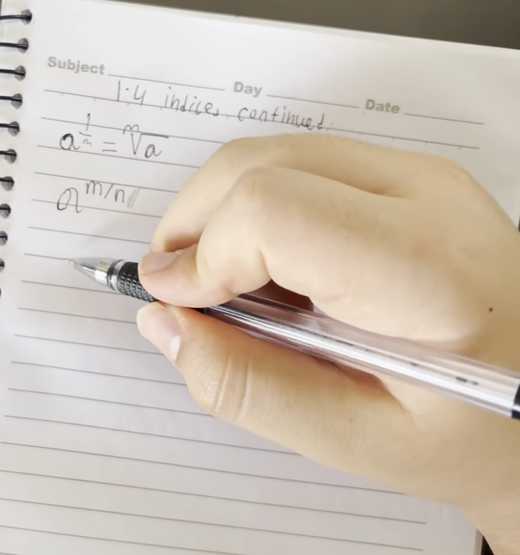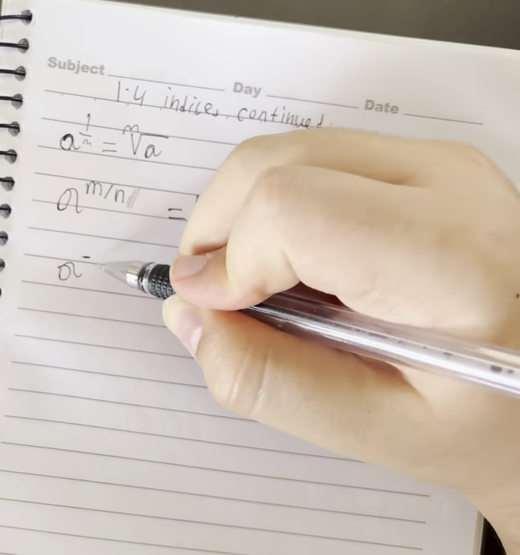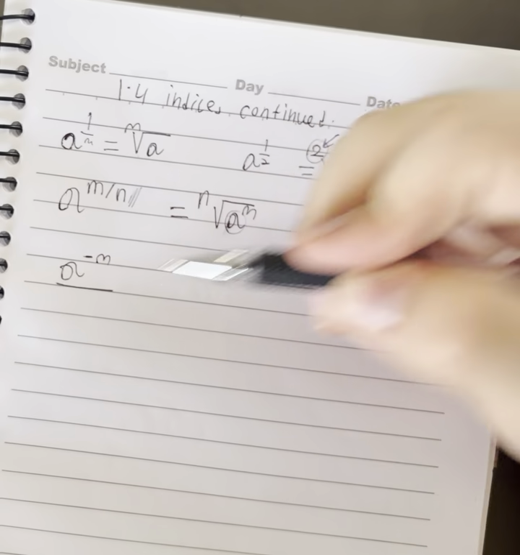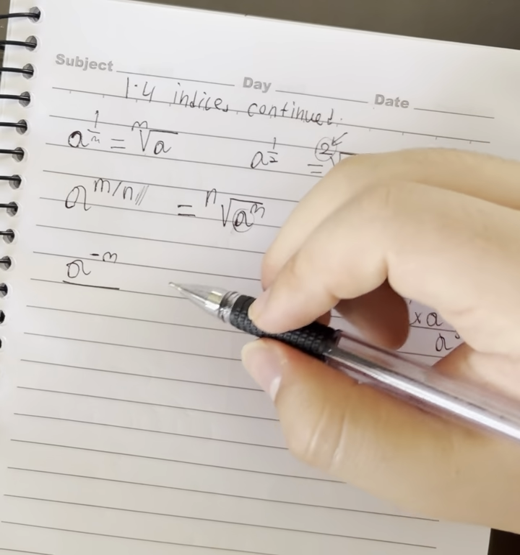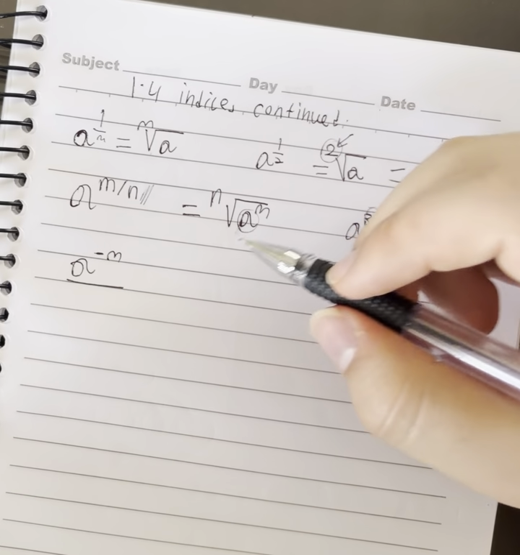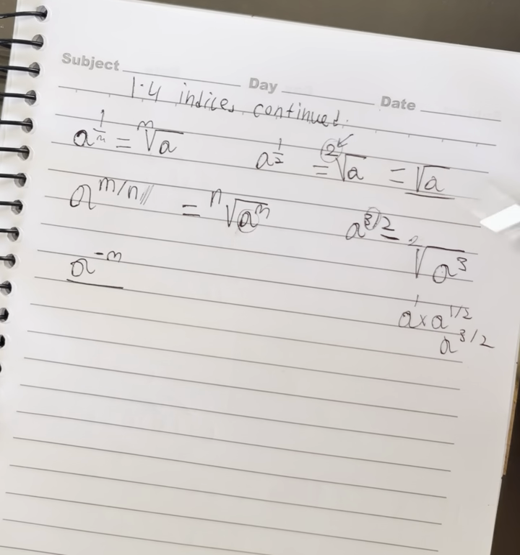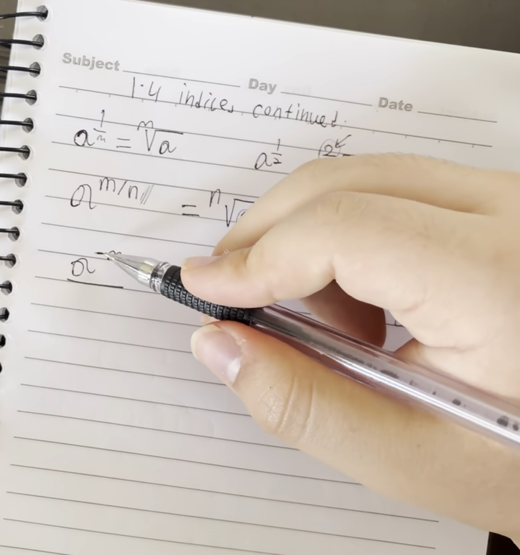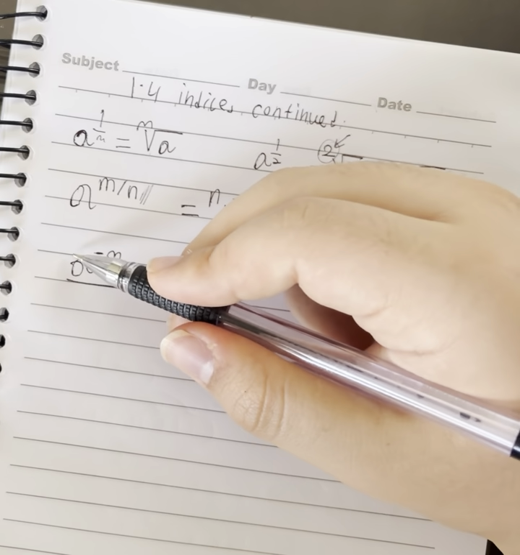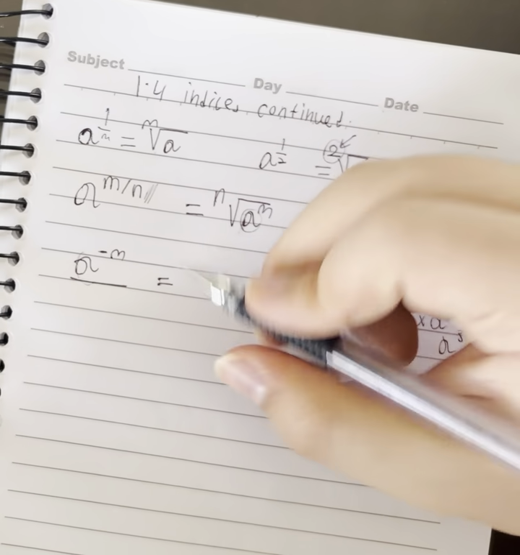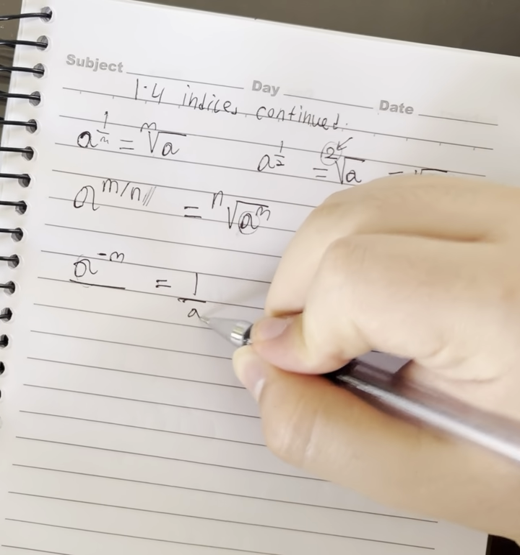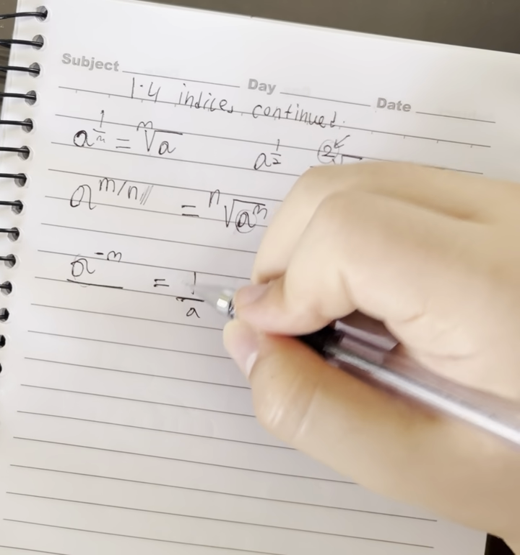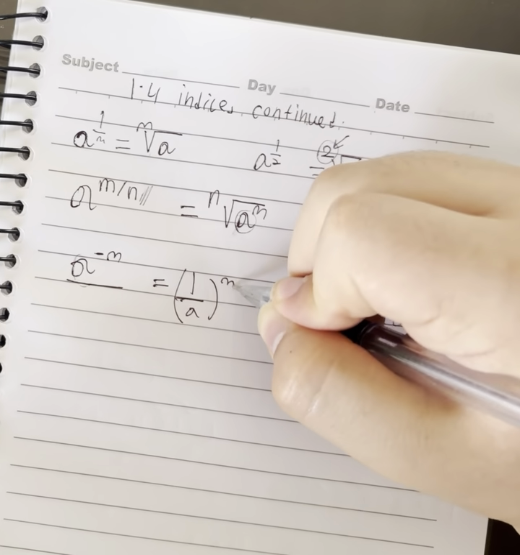Third rule is a to the power of negative m. When you have a negative power, you flip the base and the power turns positive. So here we flip the base, so the reciprocal of a is 1 over a, and the power becomes positive, so the power of m.